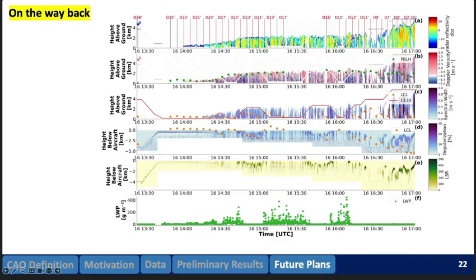Also, because we don't have the dropsondes on the way back, we can create some estimated dropsondes at the same location when the environment won't change rapidly. The previous dropsonde at the same location can probably represent the similar vertical structures of the temperature, pressure, and so on. So that's the estimated dropsondes.